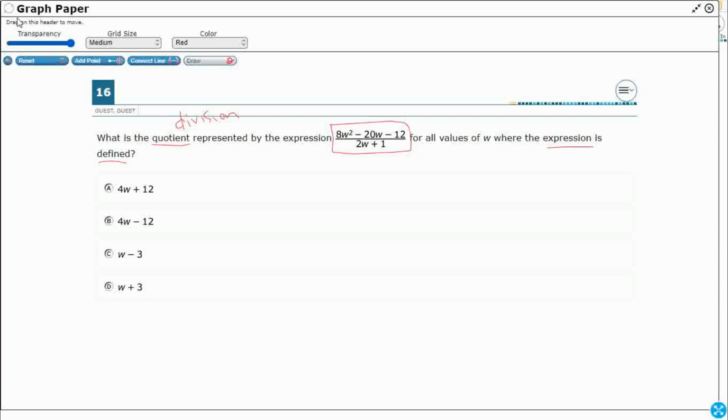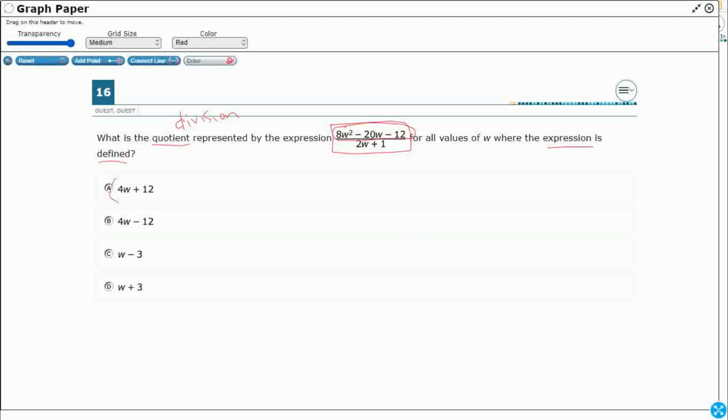So how do we divide this? Well, there's many different ways to solve this, right? Because here's our basic polynomial, and we know that it's going to be 2w plus 1, and then we're going to multiply by one of these. So if we wanted to, we could guess and check.